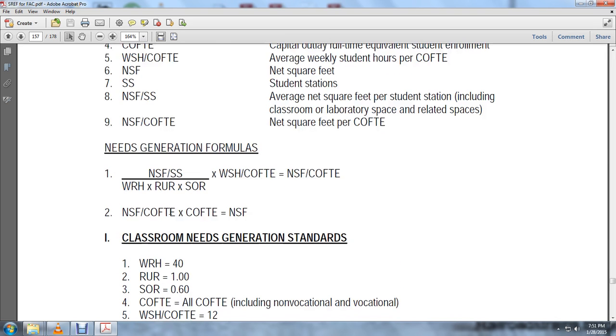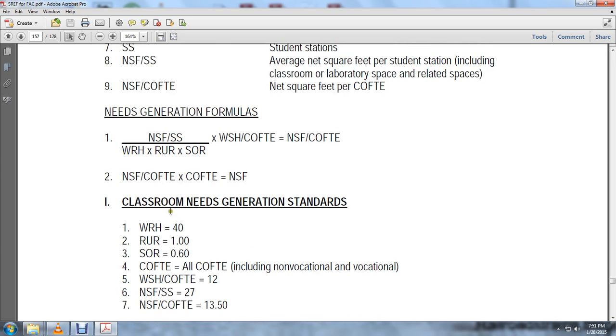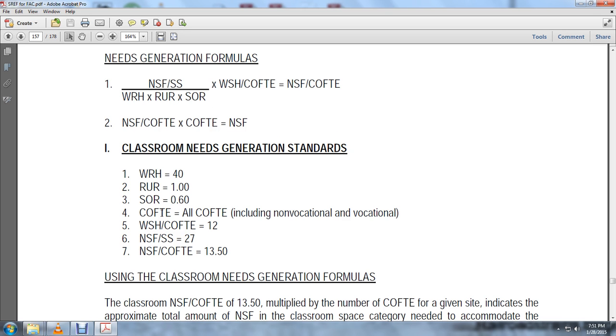The NSF, net square feet, per student station, including classroom, laboratory spaces, and related spaces, and the NSF per capital outlay full-time equivalent student is 13.50.